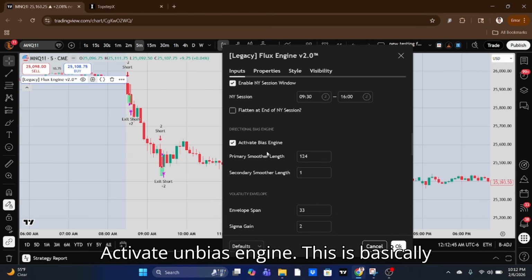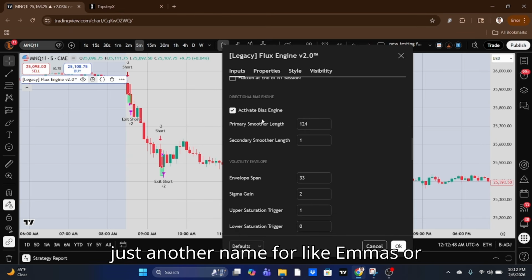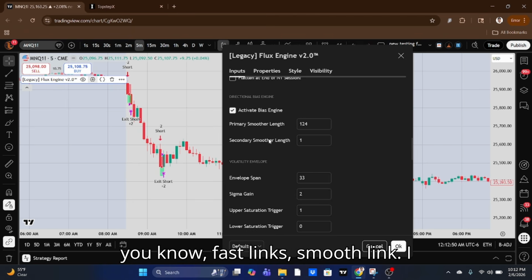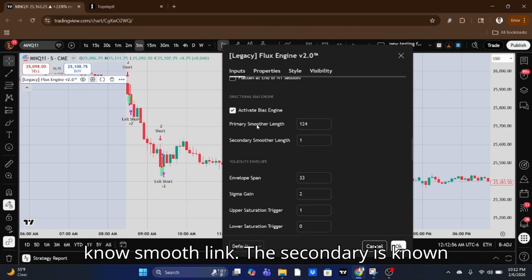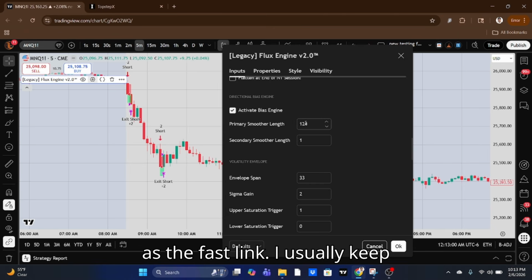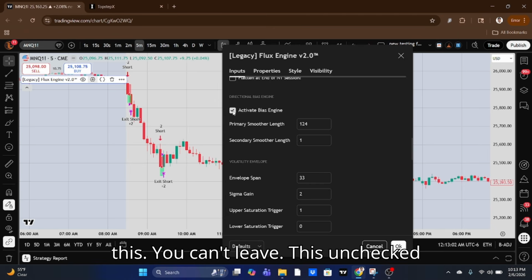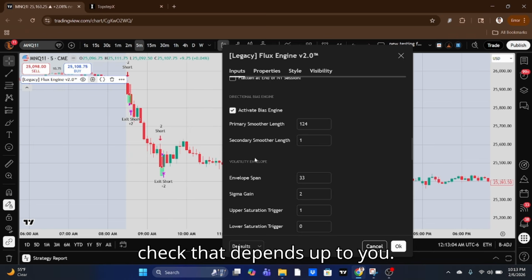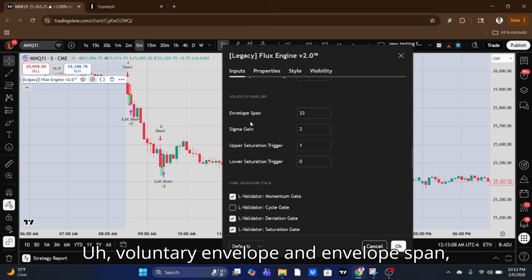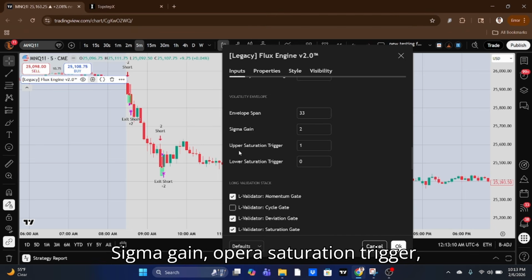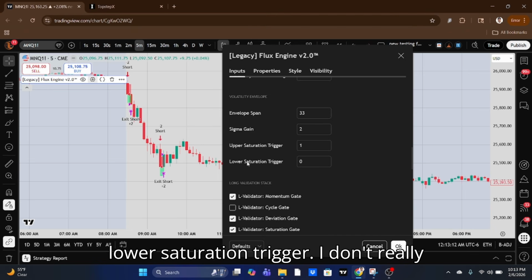Activate bias engine. This is basically just another name for EMAs or fast link, smooth link. I think primary is the smooth link. The secondary is known as the fast link. I usually keep this. You can leave this unchecked or checked. That depends on you. Volatility envelope span, sigma gain, upper saturation trigger, lower saturation trigger.